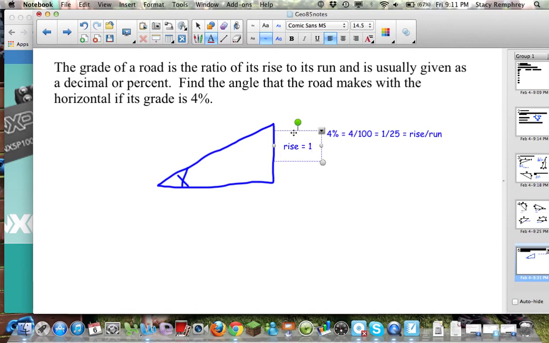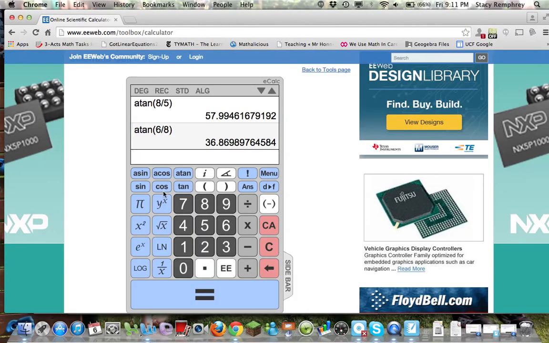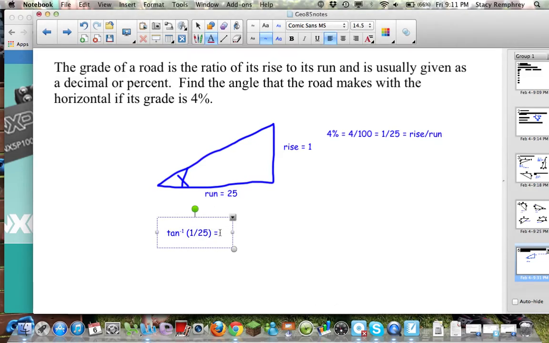So that is 1. This is my run, so that's 25. So I'm finding an angle. I'm going to do inverse tangent, and I get about 2 degrees for that. And that's the review for tangent.